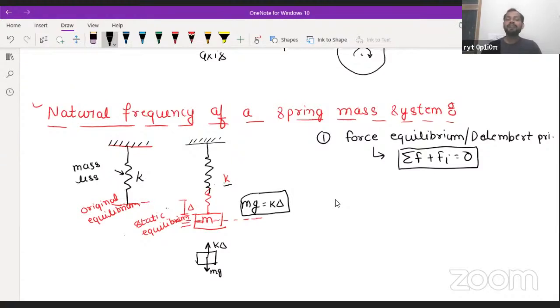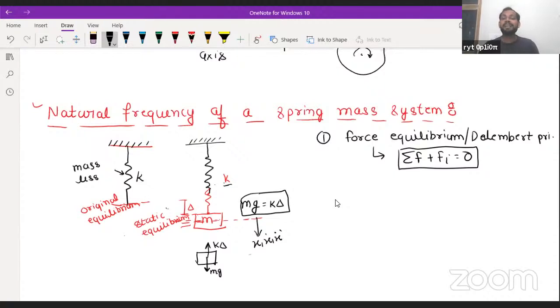Now, how can we write the equation of motion? In order to write it, first we have to deflect the system, because only when you deflect the system will it perform the vibration. So let us assume we are giving x displacement, x dot velocity, and x double dot acceleration to the system in the downward direction.